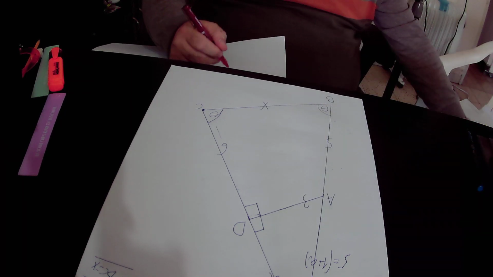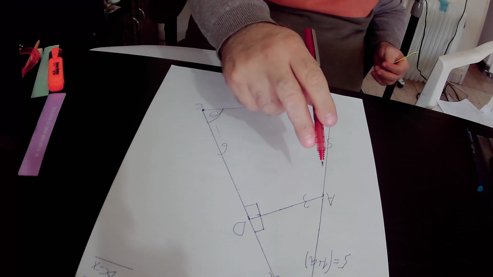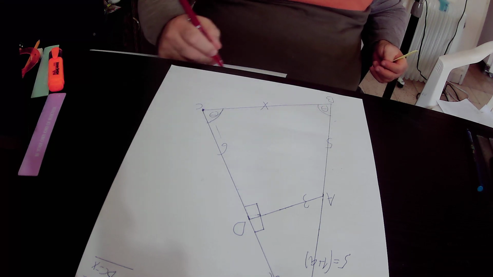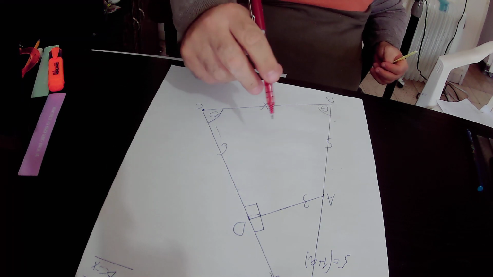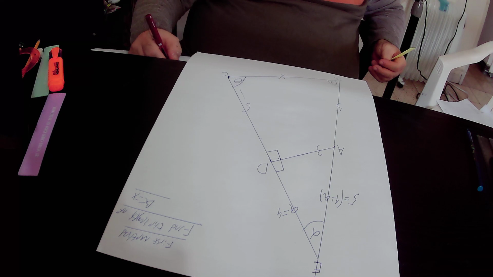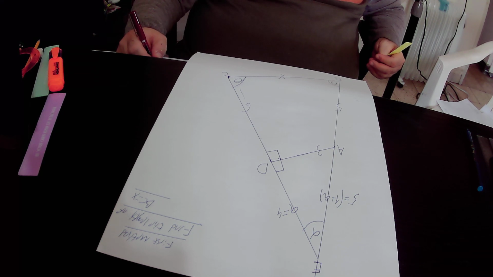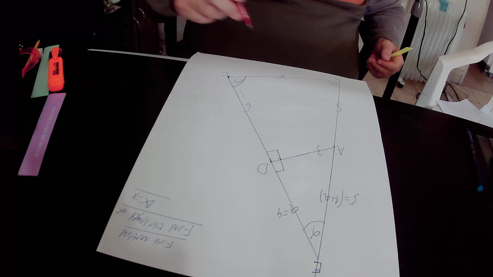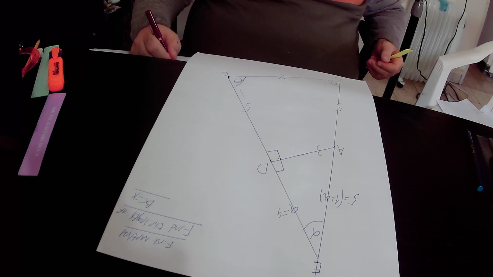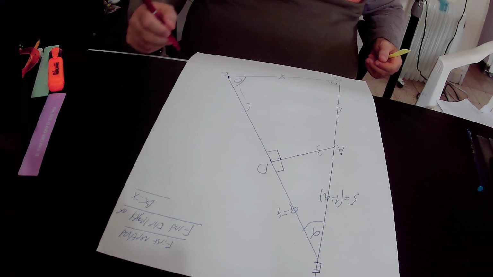That is to say, cosine alpha here in this triangle EBC will be equal to BE squared plus EC squared minus X squared over 2 times BE times EC.